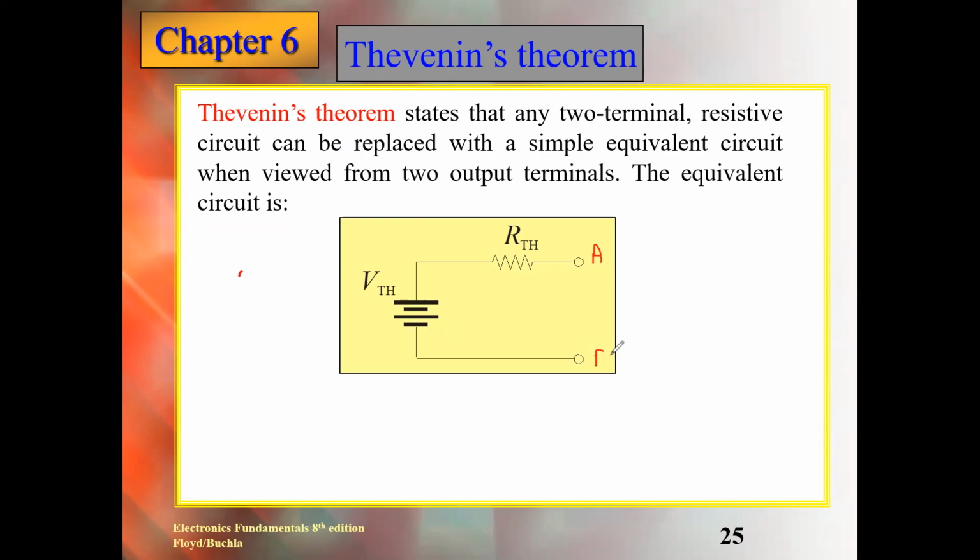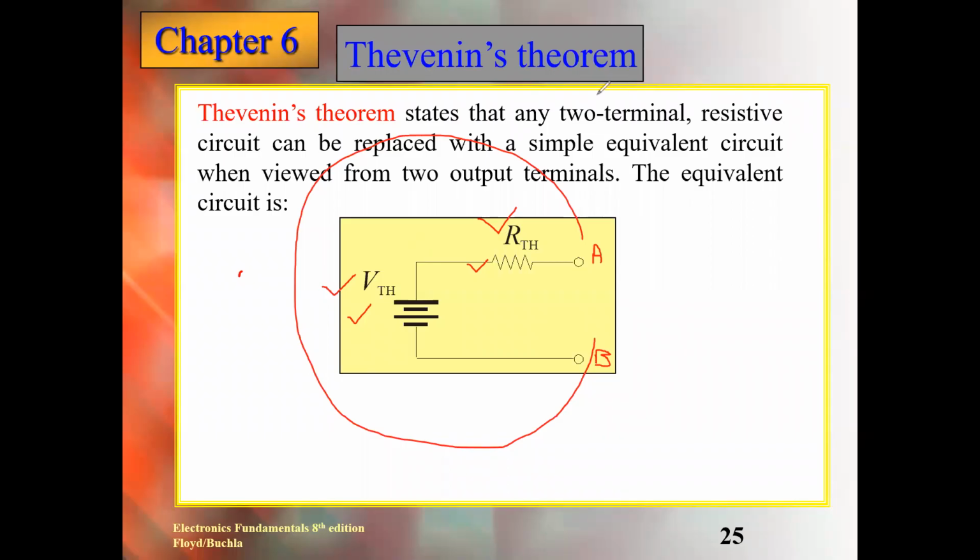Then you simplify whatever is given on the left side, and you will get one voltage and one resistance only. You may have multiple resistances, multiple voltage sources, current sources, everything will be replaced by VTH and RTH. So any complex circuit can be replaced by it.